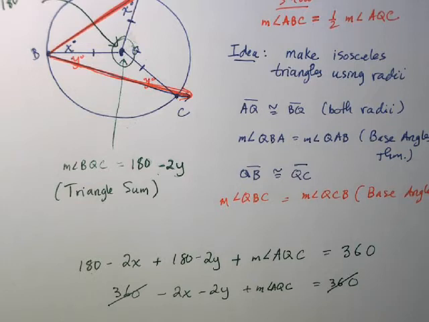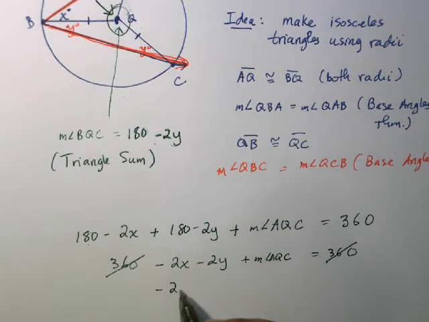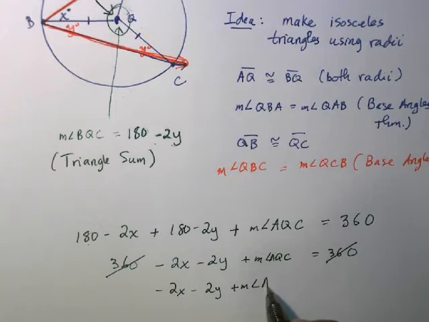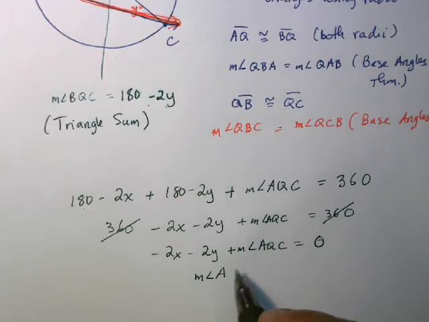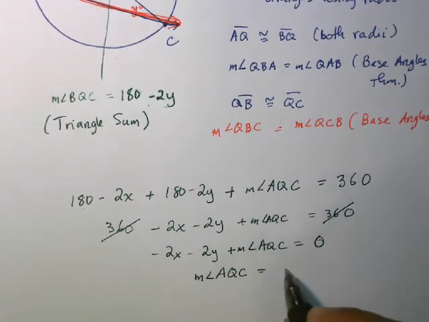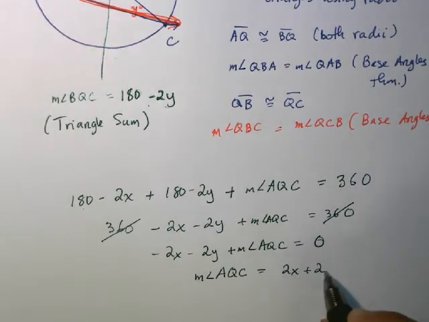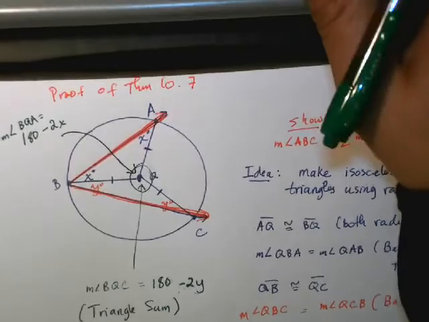So what that means is we can subtract 360 from both sides, and we get negative 2x minus 2y plus measure of AQC is equal to 0, since we subtracted 360 here. Now we can add 2x and 2y to both sides, and we get the measure of AQC is equal to 2x plus 2y. Then we are almost done.